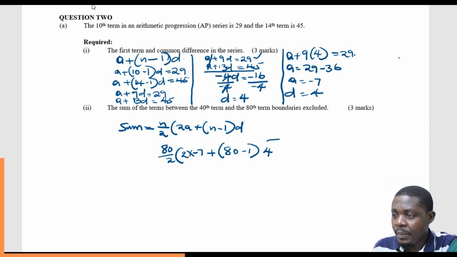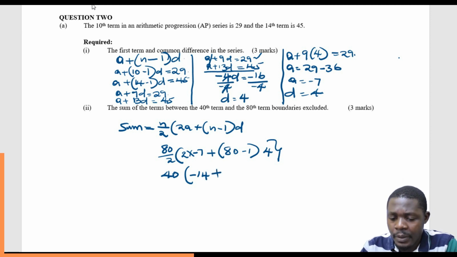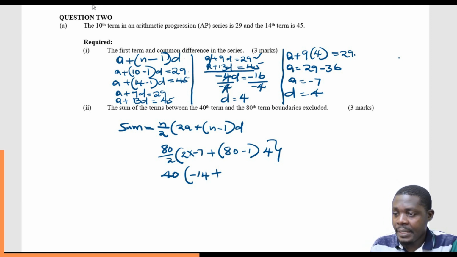Now we multiply everything out. This is 40 into 2 times negative 7, that is negative 14, plus 80 minus 1, that is 79, multiplied by 4, which gives 316.